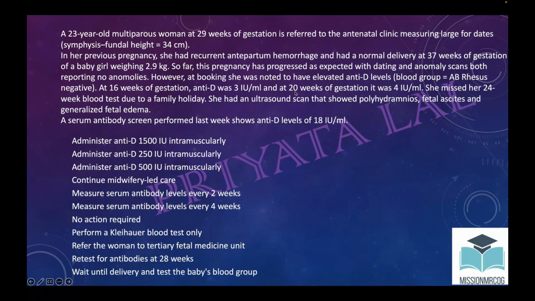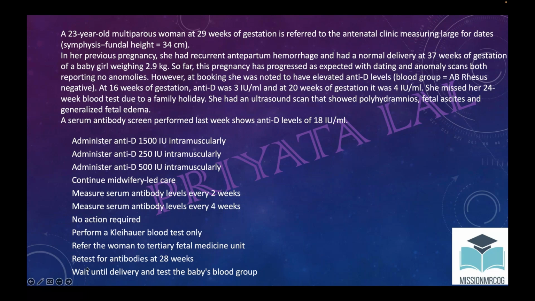She missed her 24-week appointment. Ultrasound now shows polyhydramnios, ascites and edema. The anti-D level has come up to 18. What to be done? Refer to fetal medicine, as the patient already has hydrops.